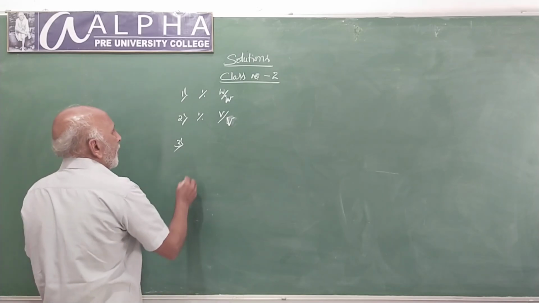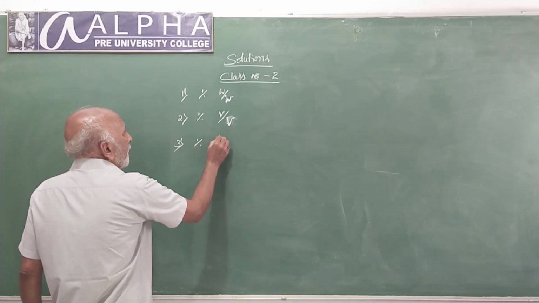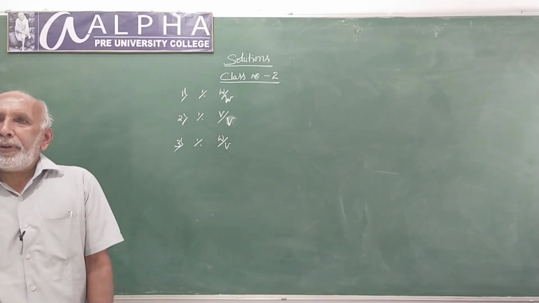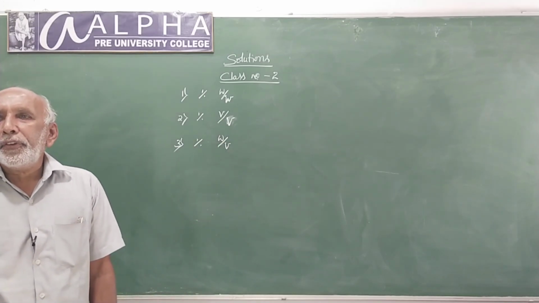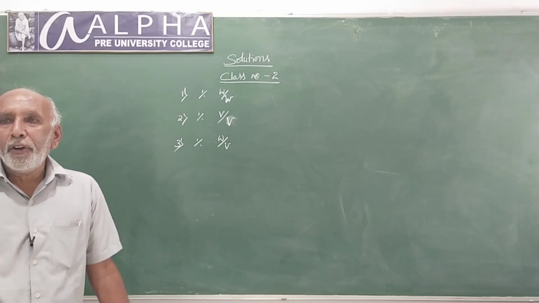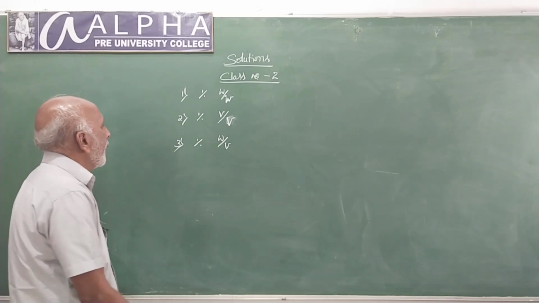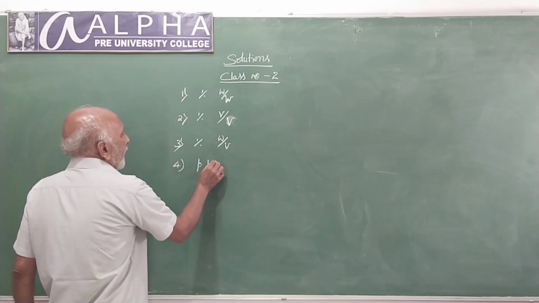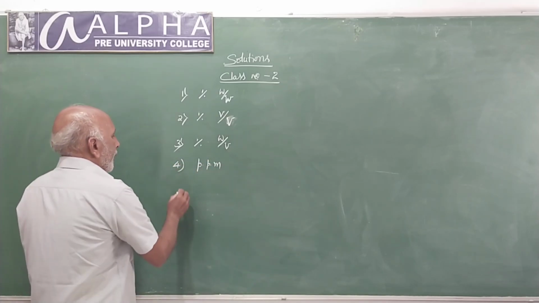Next one is percentage mass by volume of a constituent or component of solution. Next one is parts per million.